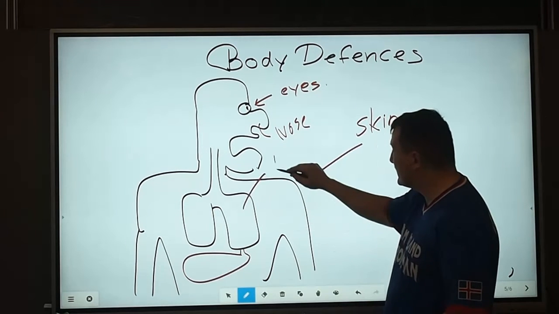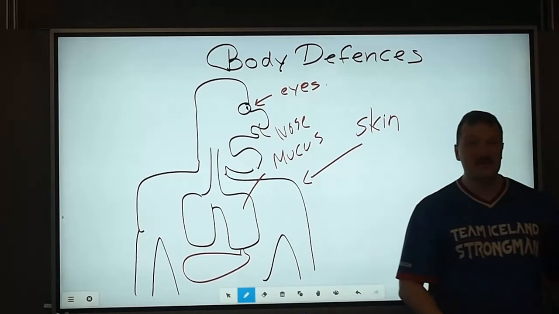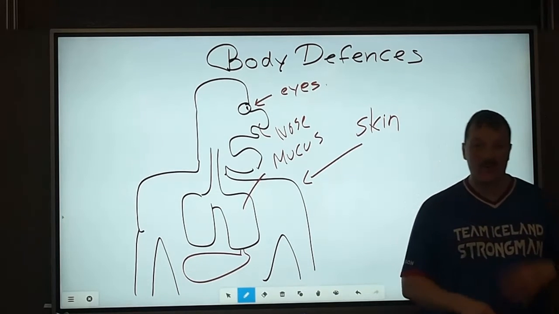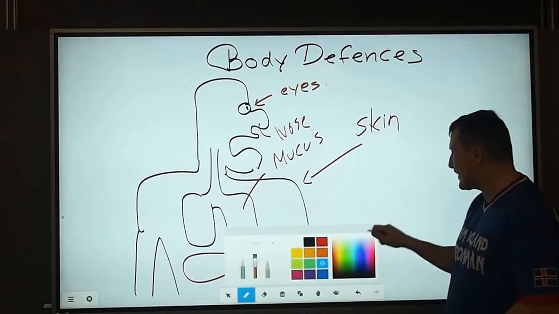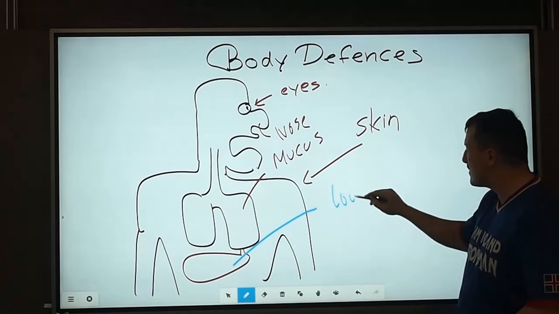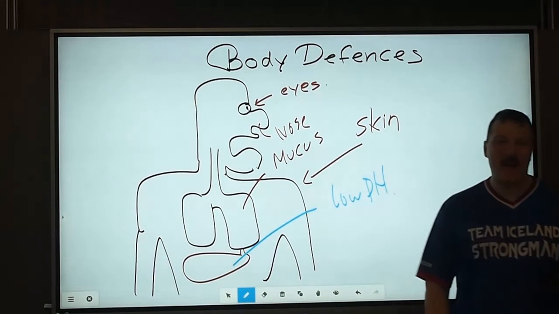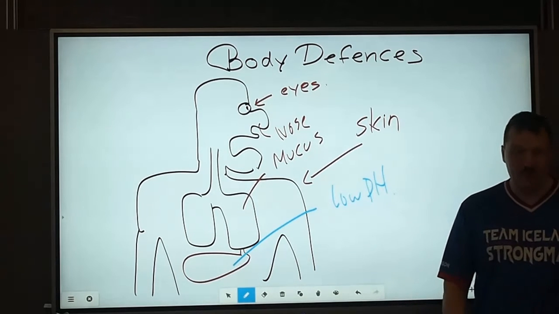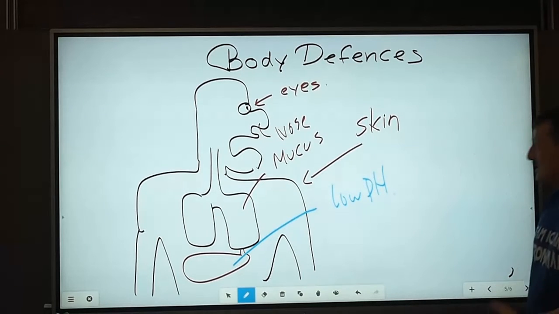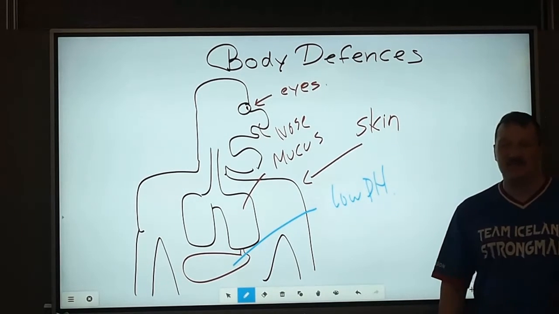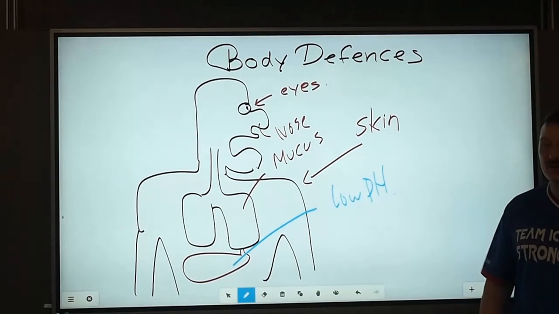In our lungs, we have mucus that will help trap particles so we can cough them up before they get into contact with the lung tissue. And in our stomach, we have hydrochloric acid, which will kill many pathogens. It also helps protect us against diseases getting transmitted in that way. So our body has many layers of defense, stopping bacteria, virus, and so on, from even getting into contact with us.